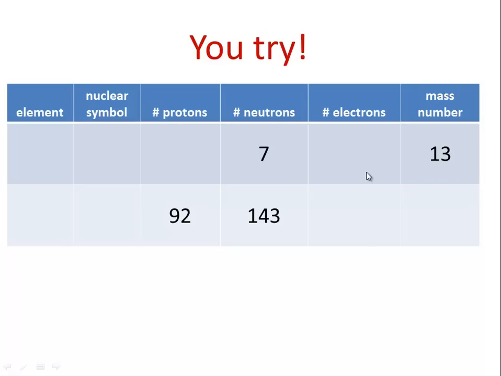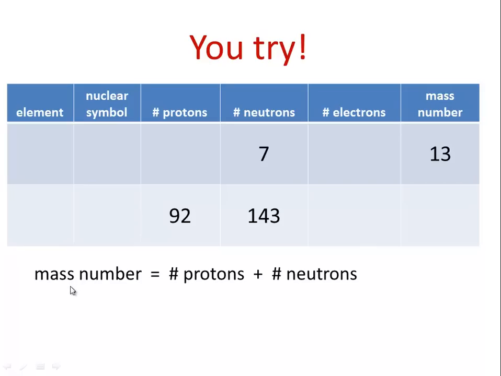So I'll go through the first one with you, and then I want you to do the second one by yourself. So you know that for this isotope, you've got 7 neutrons, and the mass number is 13. Using the mass number, we can figure out how many protons we have, because we know how many neutrons we have. So follow me on this.